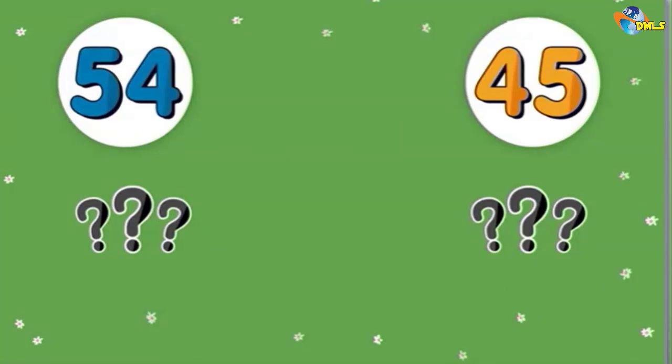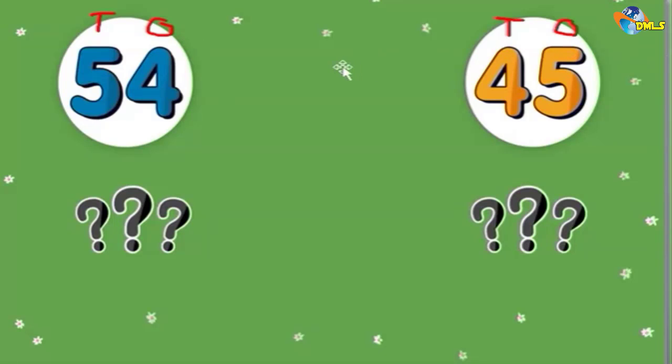What about 54 and 45? Which number is greater and which number is smaller? At first, we look at the tens. Excellent. So we write the place value above the number. We have here ones and tens. Also, we have ones and tens.